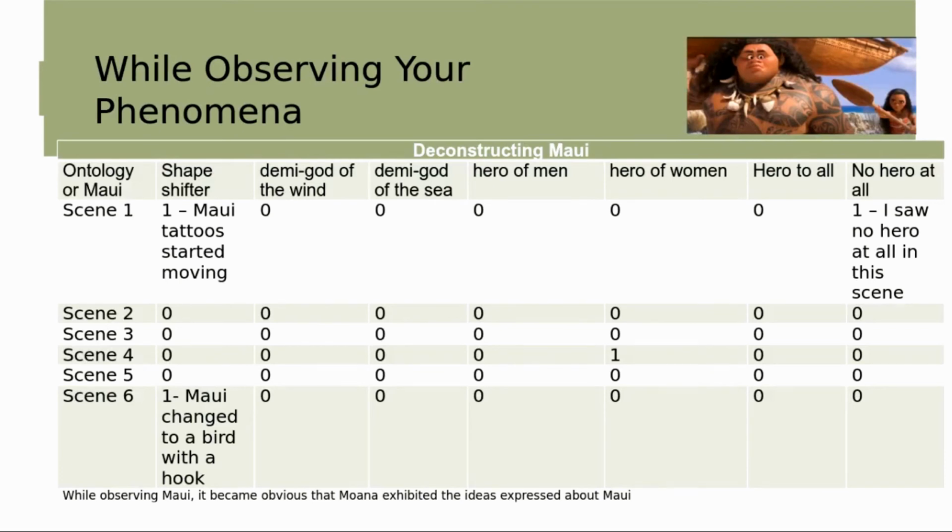So let's use the Maui example. When we first started on our first lesson, I introduced you to Maui and Moana, and I did the ontology of Maui, and we came up with, just listening to what those two said, he was a shapeshifter, a demigod of the wind, a demigod of the sea, hero of men, hero of women, hero to all.